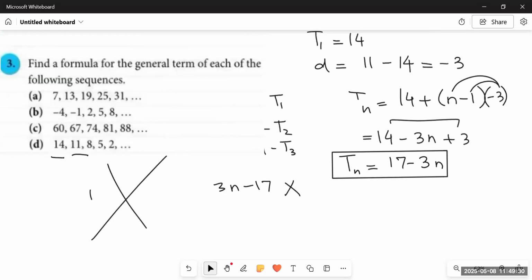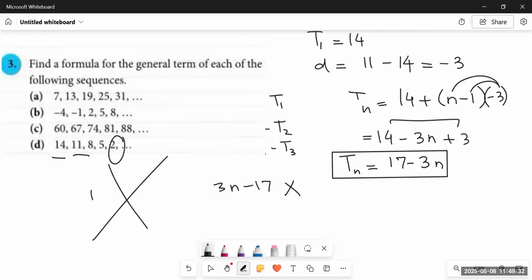Like if we look at the fifth term, it's 2. We want to find the value of the fifth term. What we have to do is place 5 in place of n, so it becomes 17 minus 15.